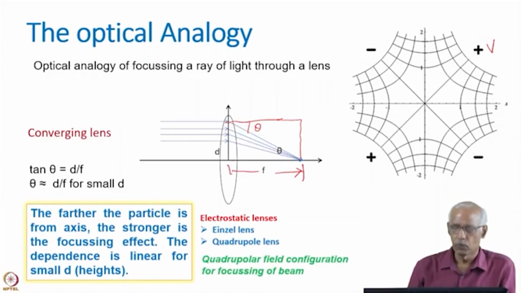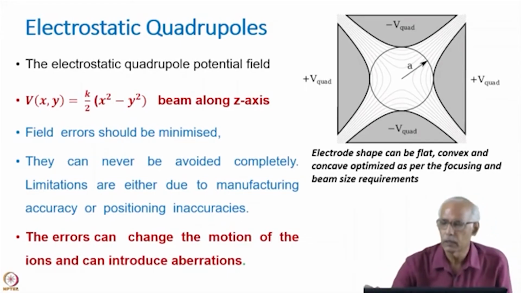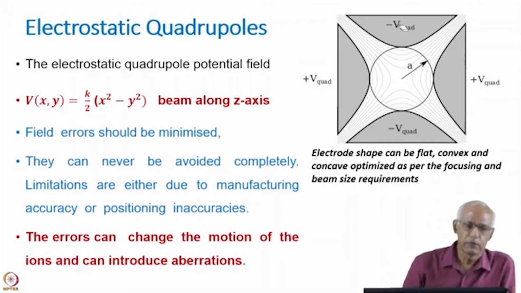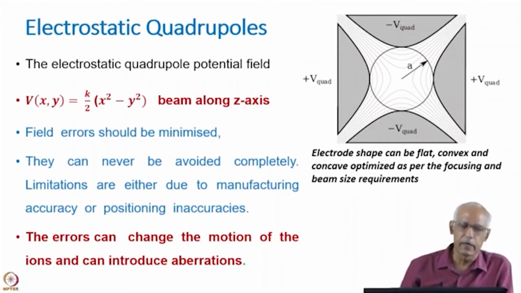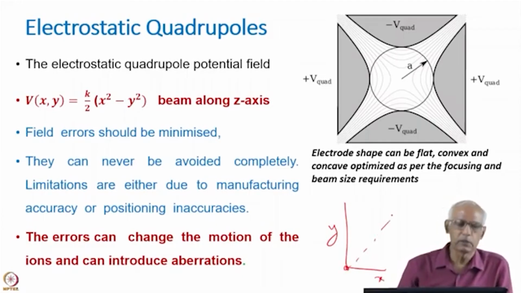And in the quadrupole field configuration, which is shown here, you can see that the particle will be focused properly if the opposite poles are of the similar polarity. In the case of the electrostatic quadrupole shown here, this is plus V on both, and this is minus V. The field is a function of x and y; this is the y-axis, this is the x-axis, and the z-axis is normal to this, which is the beam direction.